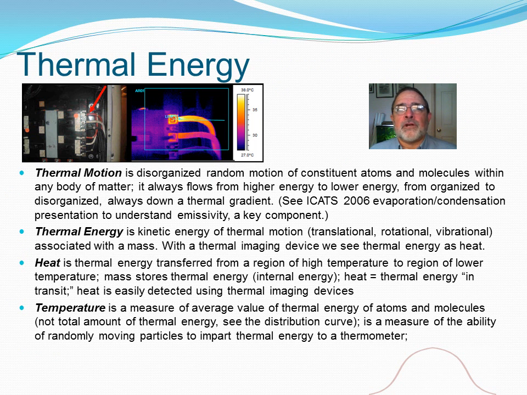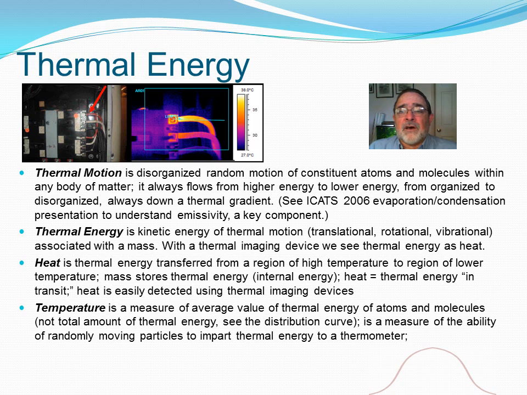Conduction is how energy travels through a physical mass, and it does so using thermal motion. Thermal motion is the disorganized random motion of constituent atoms and molecules within any body of matter. It also flows from higher energy to lower energy, from organized to disorganized, always down a thermodynamic gradient.